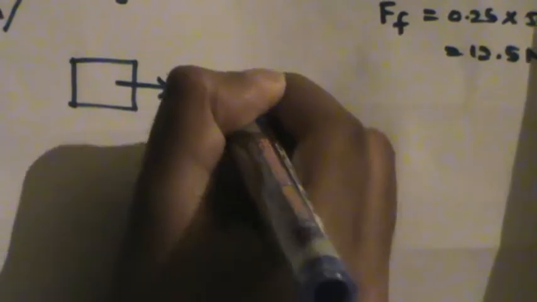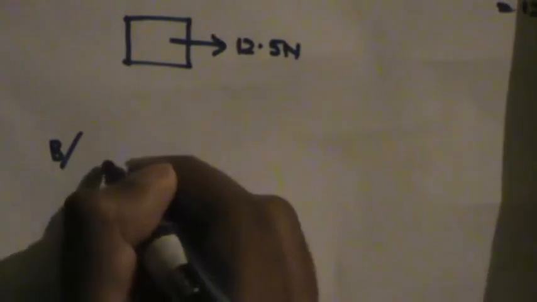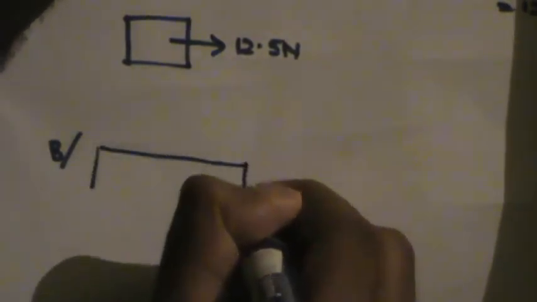So the force distribution will be like this. For A, the only force that is acting is the frictional force this side, so that will be 12.5 newtons. And for B, it will be like this: 60 newton force this way, and the frictional force which is acting is 12.5 this way.